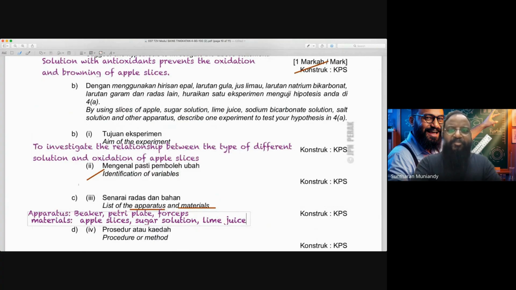Then they have salt solution, and then sodium bicarbonate solution.